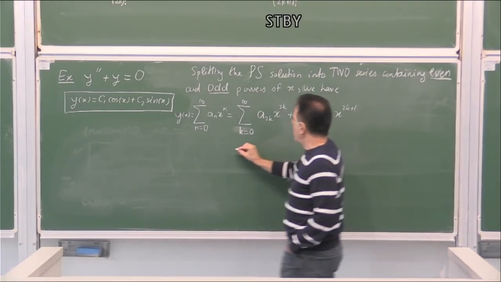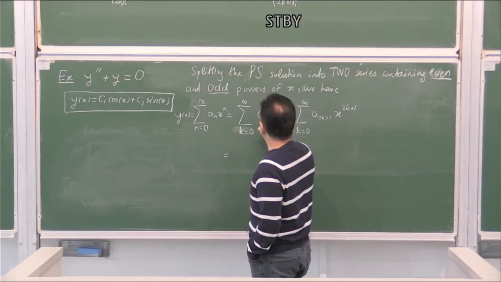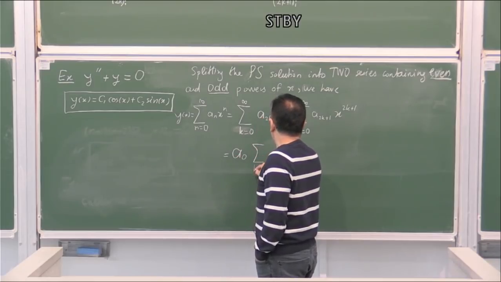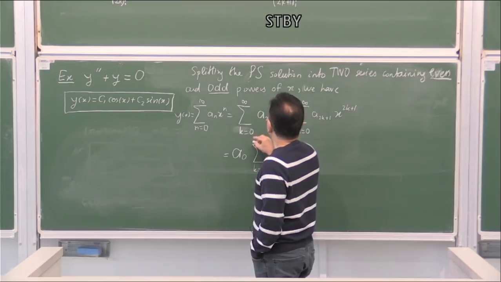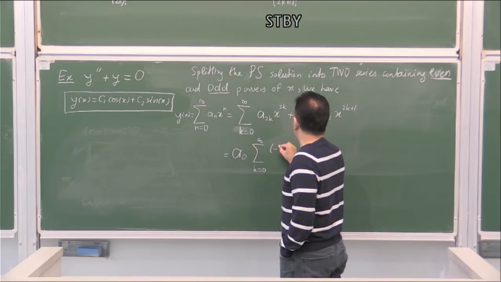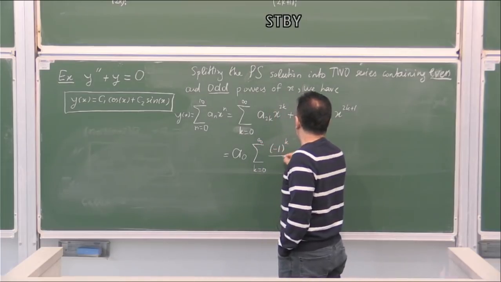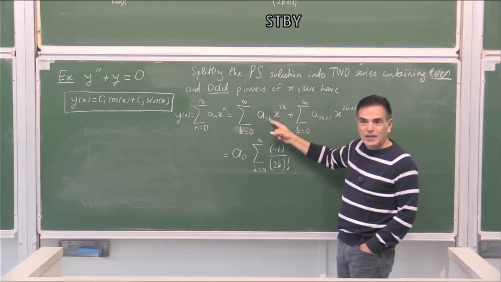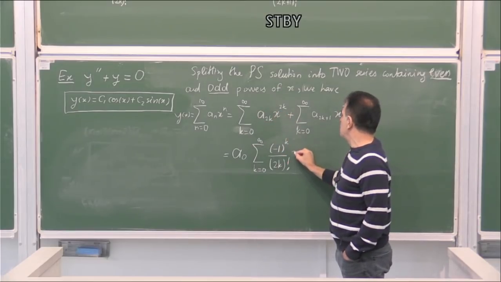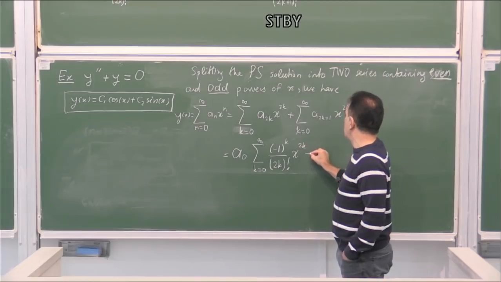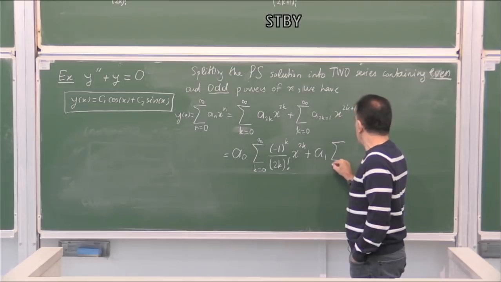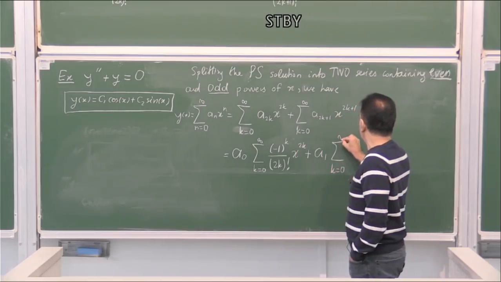So, if you remember the formulas we get for a2k, we have a0, sum from 0 to infinity. So a0 times minus 1 to power k over 2k factorial is the nice formula we get for a2k, times x to the power 2k, plus a1, sum from 0 to infinity.